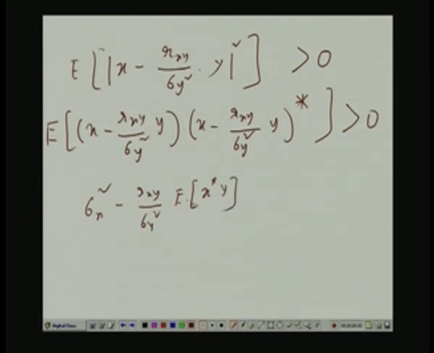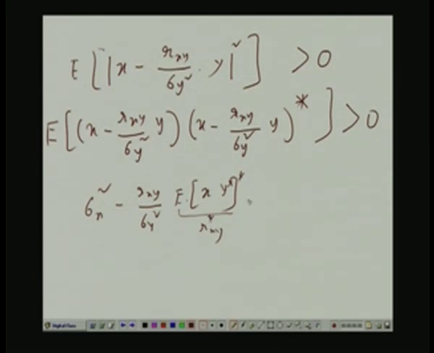Now, I defined E of x into y star as the correlation r x y. Here it is x star y, so this is a conjugate. You can also take this conjugate out and put it in these two places, which is nothing but r x y star.